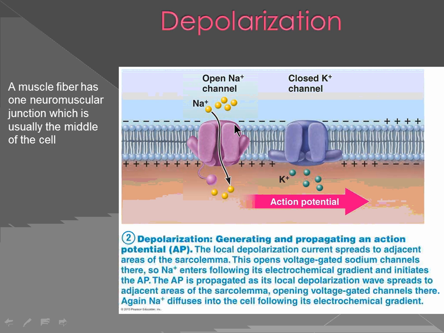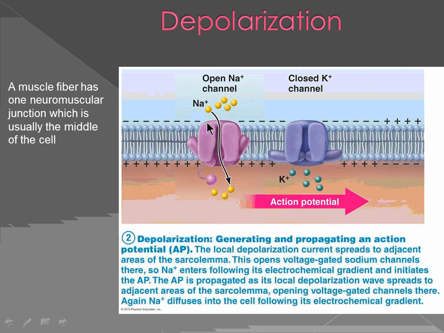So now we are going to do what that video showed. So your acetylcholine was released into the synaptic cleft. It bound to the acetylcholine receptors, and what it does is it causes depolarization. And remember I said the sodium ions were more on the outside, potassium was more on the inside.